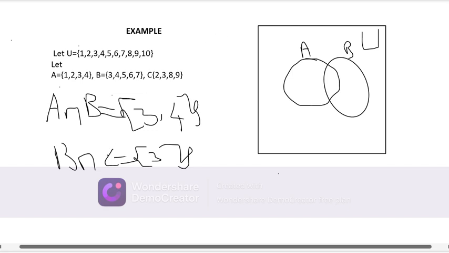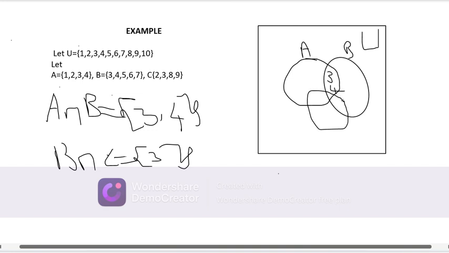So for now, 1 is not found in the center. We know that 3 is found in both A and B, so we start with 3 there. What other one? 4 is also found there, so we put 4 there. Then we go to 5. 5 is just in B. Oh, sorry guys, there's also set C, so let's put set C here too.